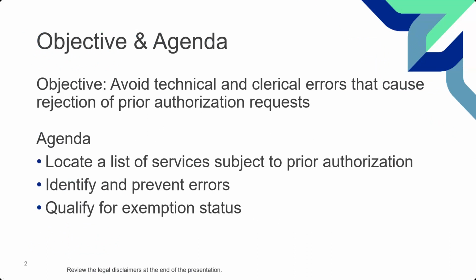You'll achieve this by learning how to locate a list of services that are subject to prior authorizations. Then we're going to review some of the errors that we're seeing on a repetitive basis, and we'll finish up with some resources where you can go to learn even more.